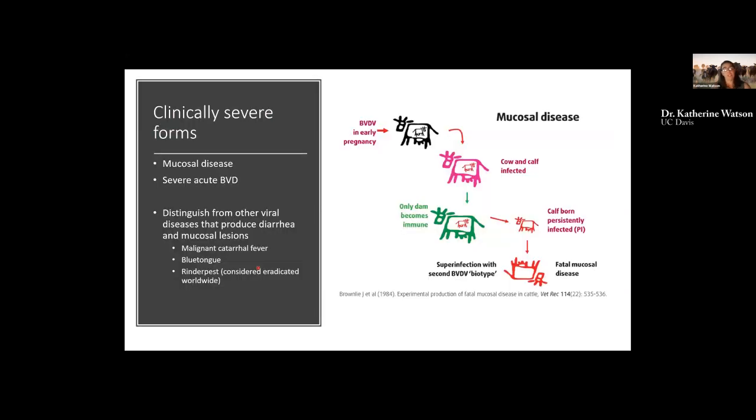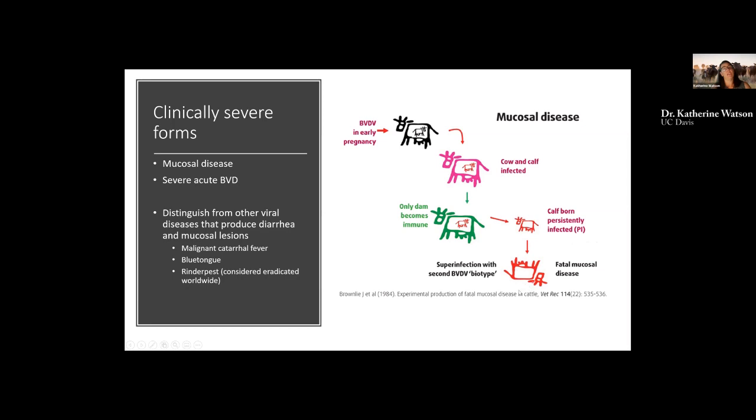All right, so there's two different types of disease that happen. The disease that you might see on your ranch where the animal dies from the disease is from mucosal disease, and that is from when this persistently infected cow gets exposed to another BVD strain that it isn't shedding.